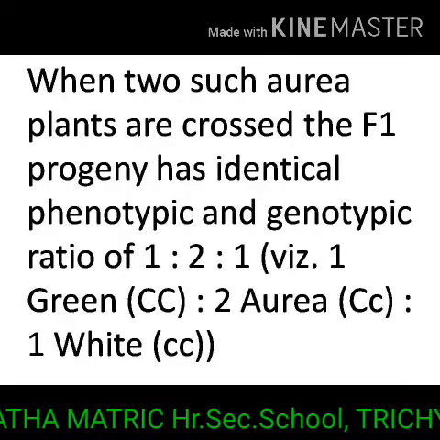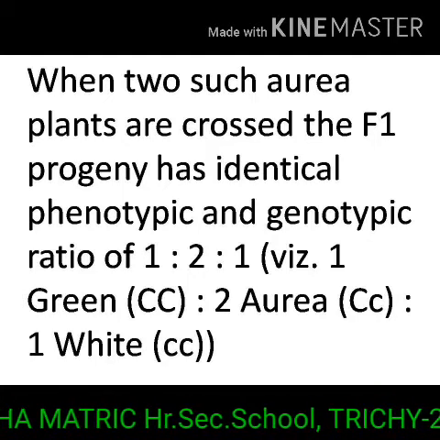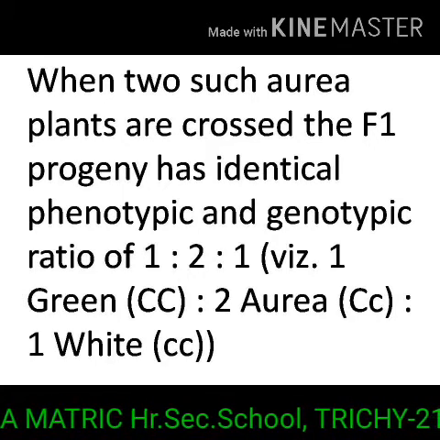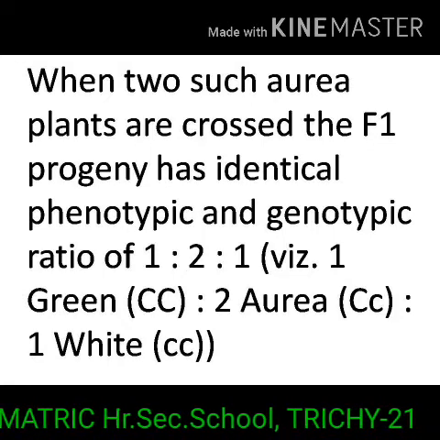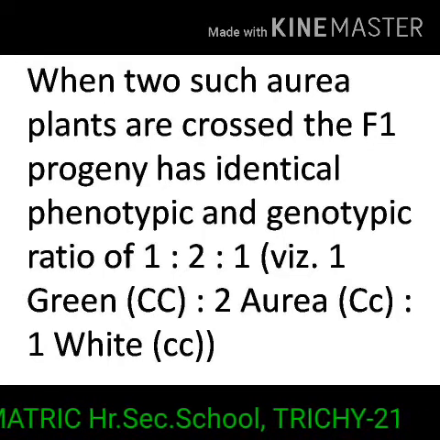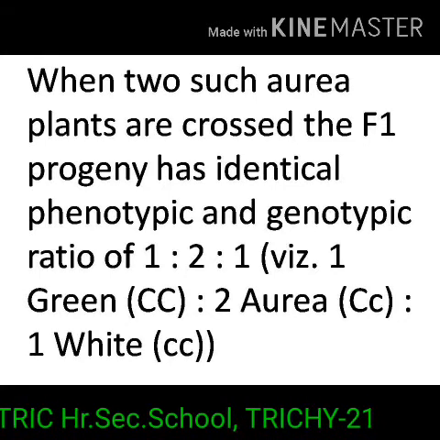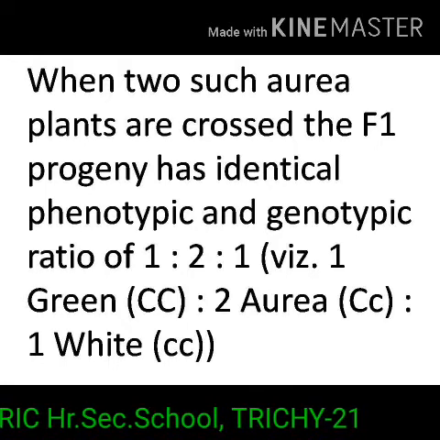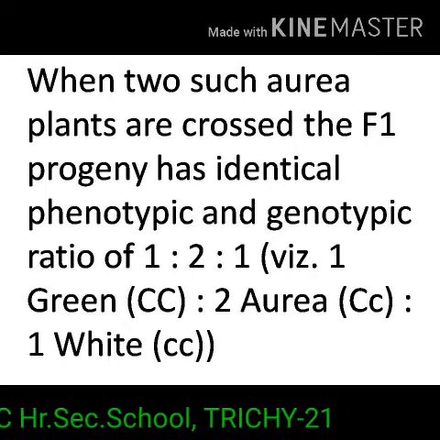When two such plants are crossed, the F1 progeny has an identical phenotypic and genotypic ratio of 1:2:1: one green, capital C and capital C, two Oreo, capital C and small c, and one white, small c and small c.